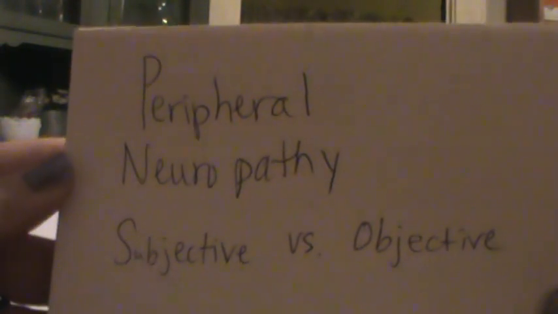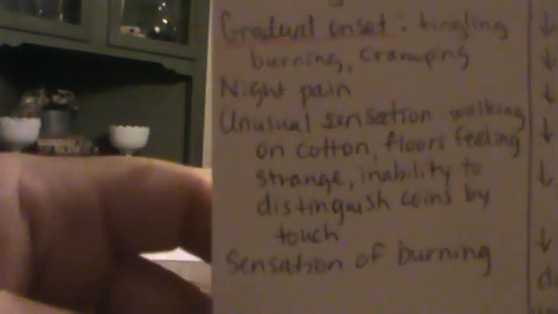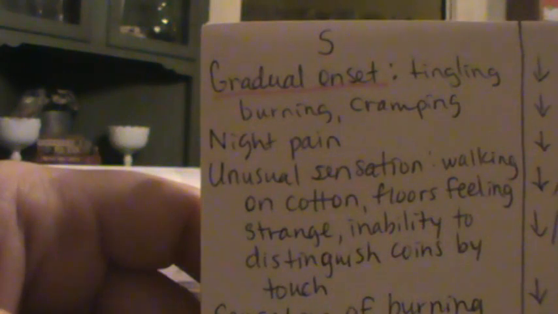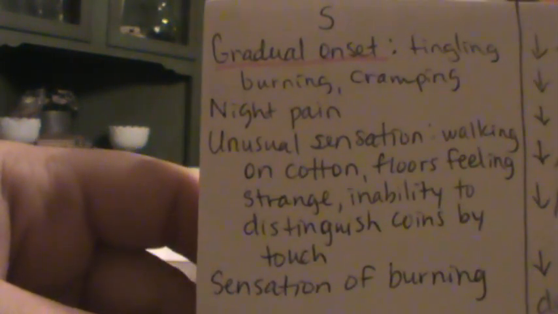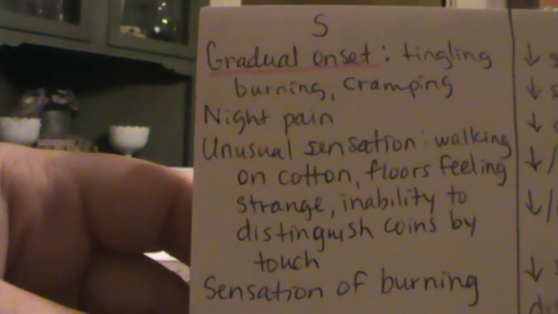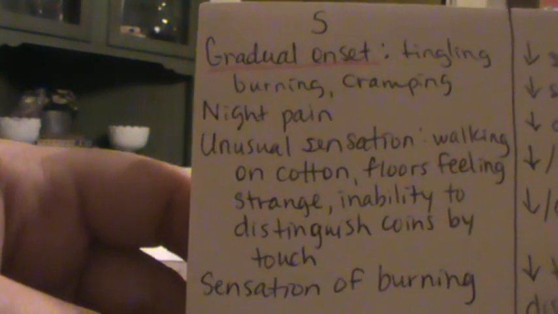Peripheral neuropathy, subjective versus objective symptoms. Subjective symptoms include gradual onset of tingling, burning, and cramping, night pain, unusual sensation of walking on cotton, floors feeling strange, inability to distinguish coins by touch, and sensation of burning.